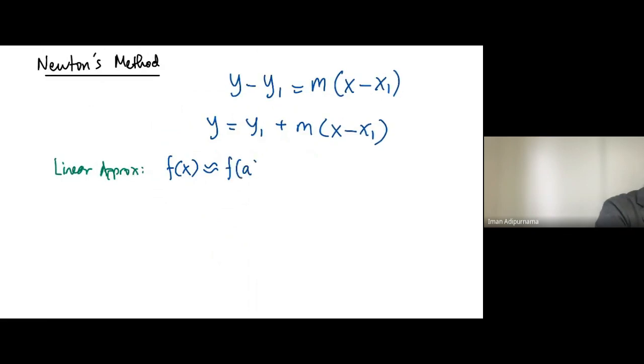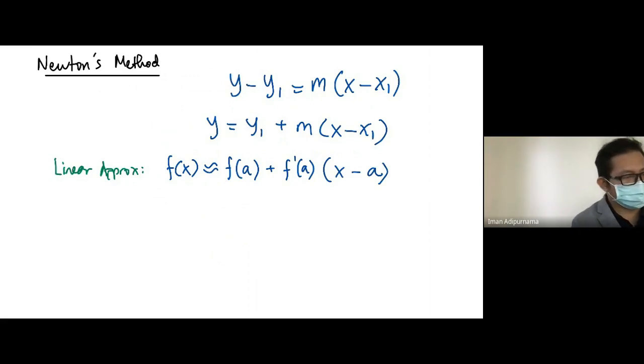This is f(a). Usually we have a here, and then the m is f prime of a, the tangent, and this will be x minus a. If I write this as just a line equation, let's say we have an x, and let's say a is our x0.